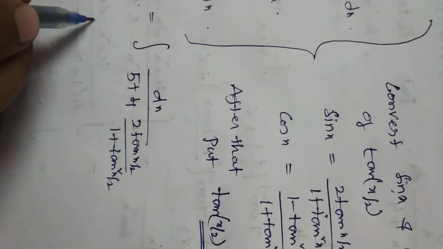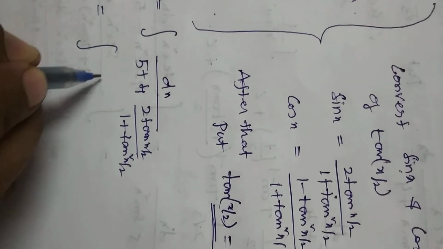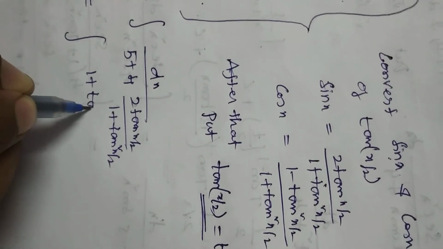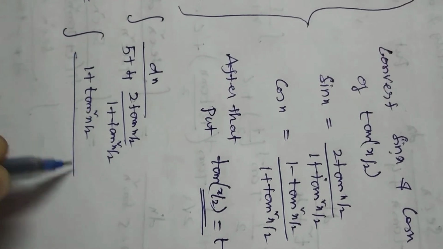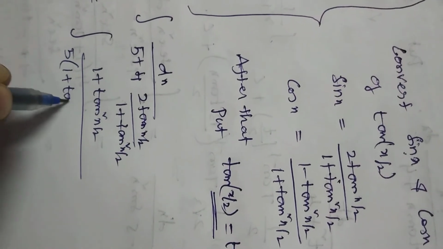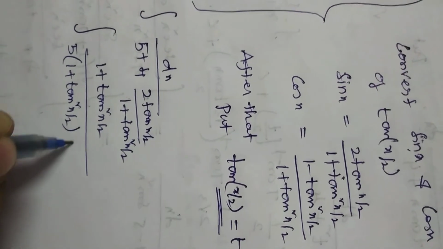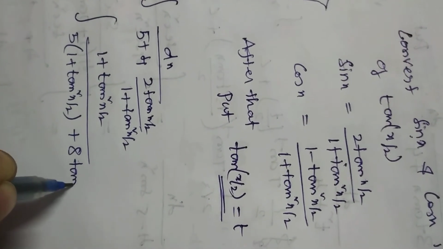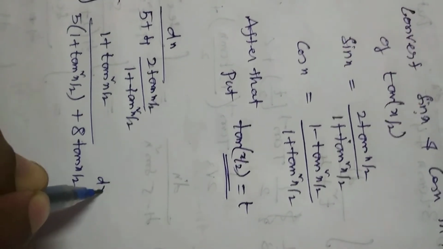On simplifying this, what you are going to get? Integration of 1 plus tan square x by 2 by 5 into 1 plus tan square x by 2 plus 8 tan x by 2 dx.